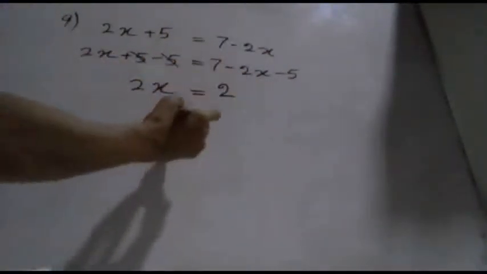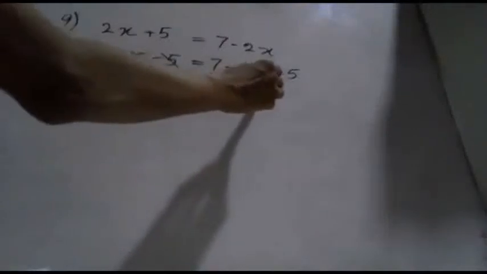2x plus 5 is equal 7 subtract 2x. Here plus 5. We subtract 5 from both sides. 7 subtract 2x subtract 5. So plus 5 and subtract 5 cancel out. 2x is equal 7 subtract 5 is equal to 2 subtract 2x.